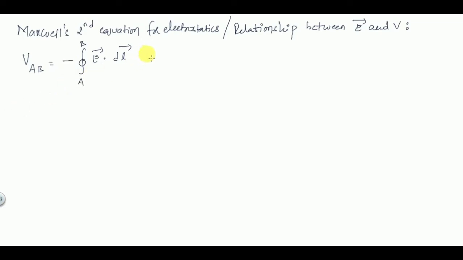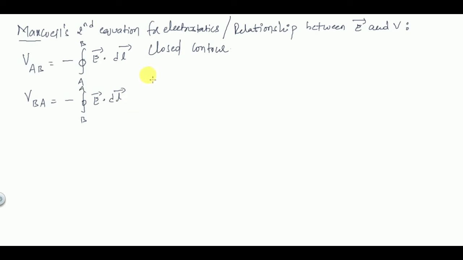So consider the closed contour here. For Maxwell's second equation, you have to consider closed contour. It is closed integral, closed line integral, right? So VAB is this. So what is VBA? VBA is equal to minus integral B to A E bar dot DL bar.